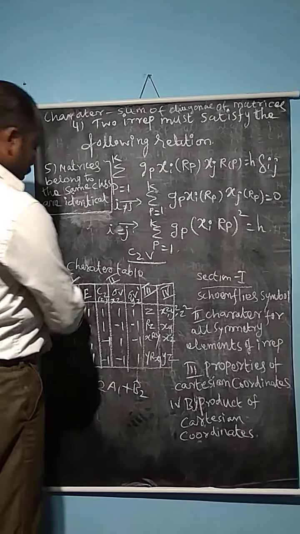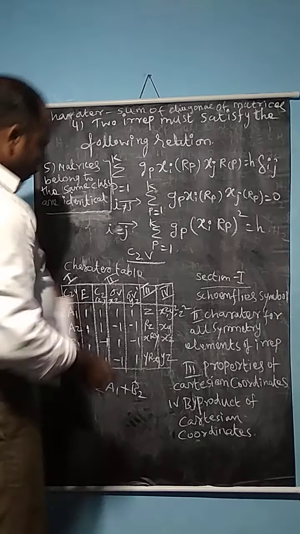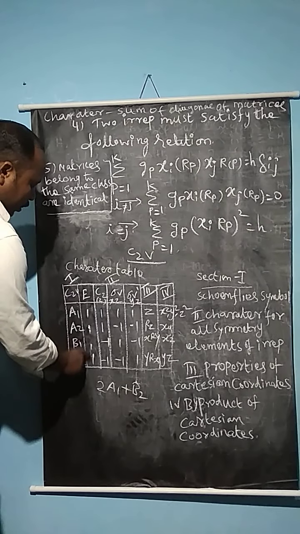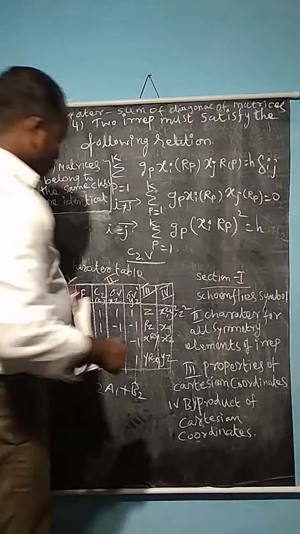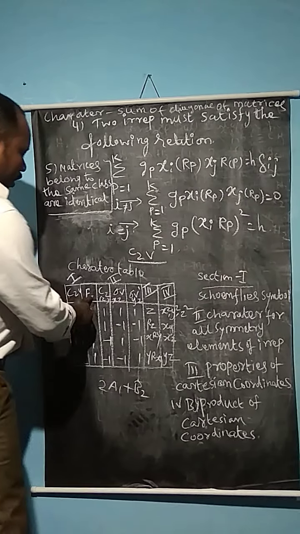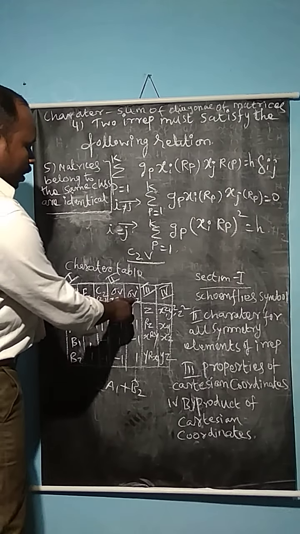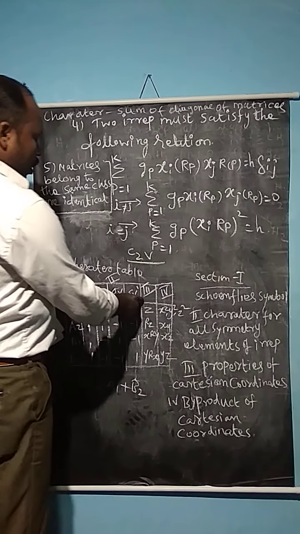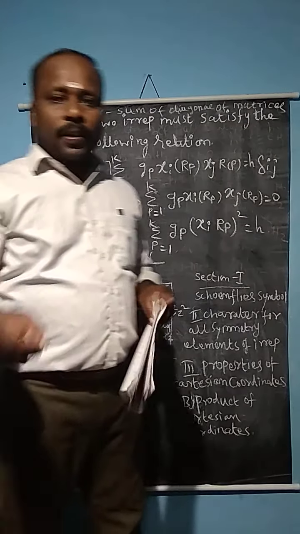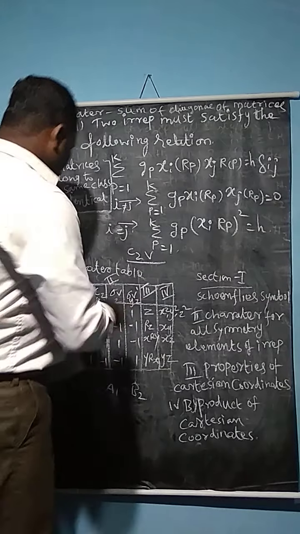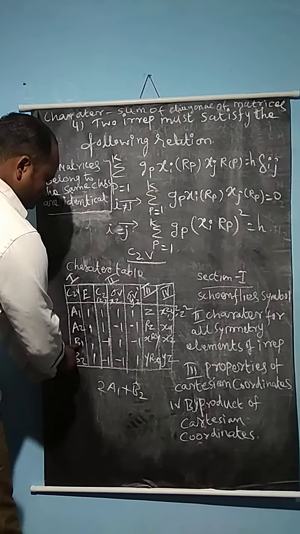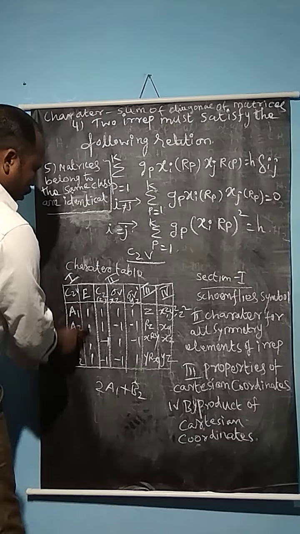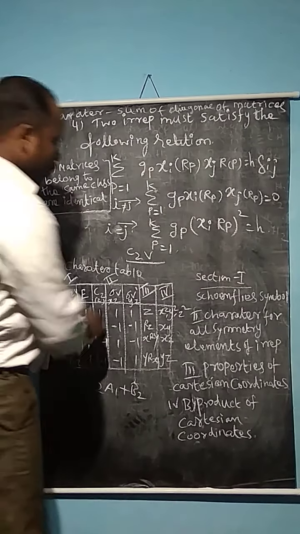In the first section, we explain the various symbols present in the particular molecular group, that is a point group. So C2v, E, C2, σv, σv', these all belong to the Schoenflies symbol. And in the column, A1, A2, B1, B2, these all belong to the Mulliken symbol.